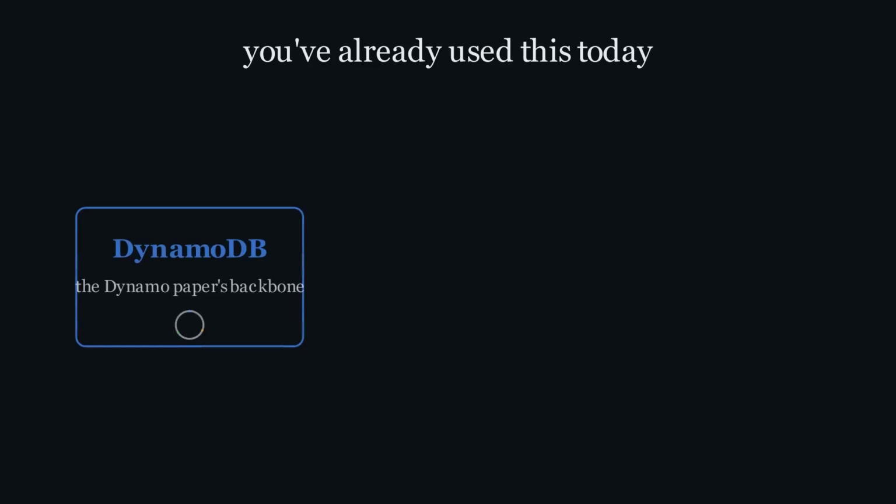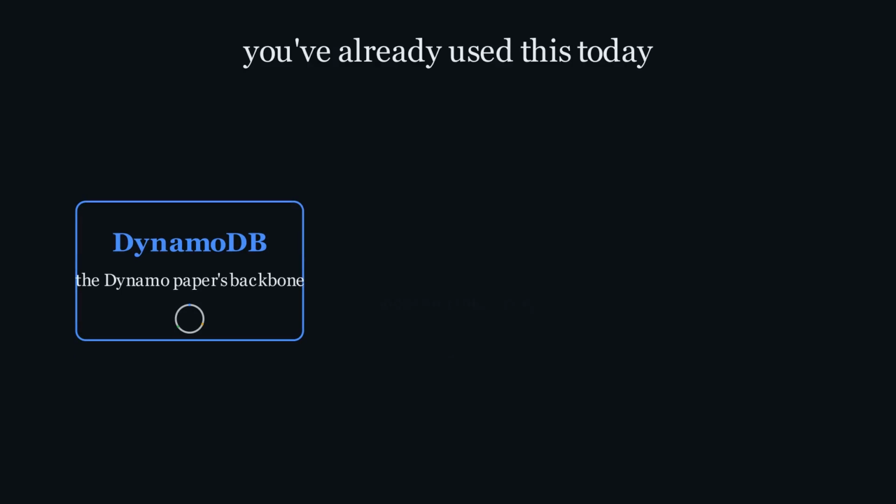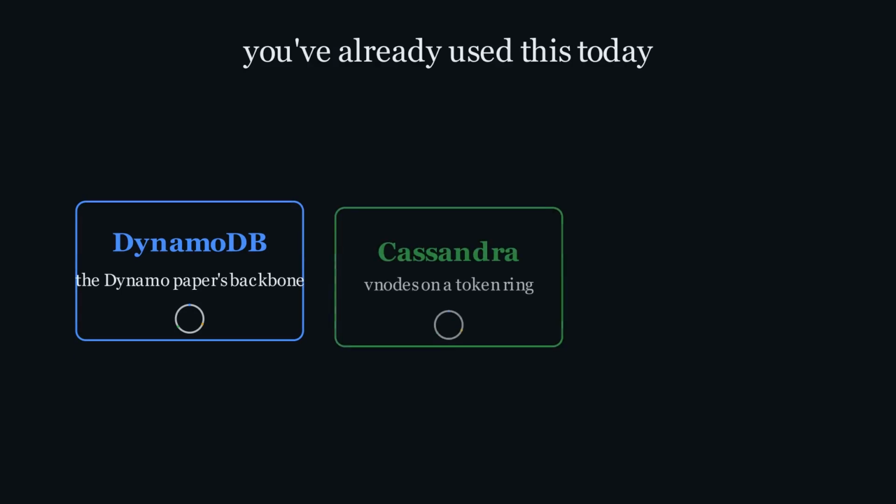So where does this live in the real world? Amazon's Dynamo paper made consistent hashing famous. It's the backbone of DynamoDB's partitioning. Cassandra uses virtual nodes exactly as we described. The token ring is core vocabulary for anyone who operates it.